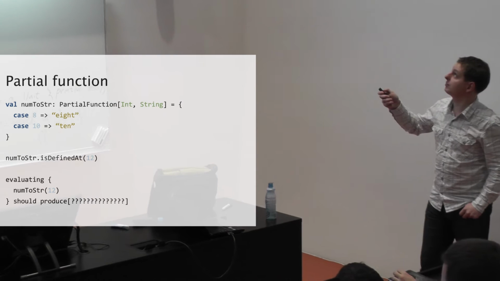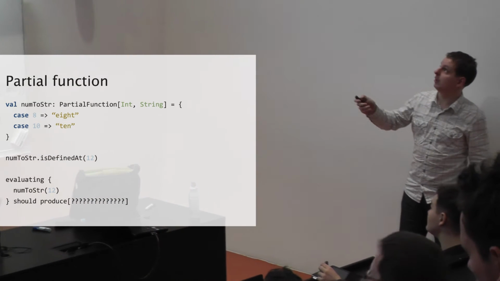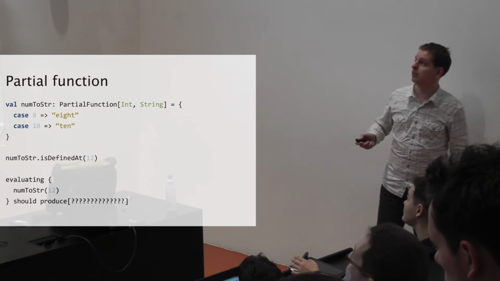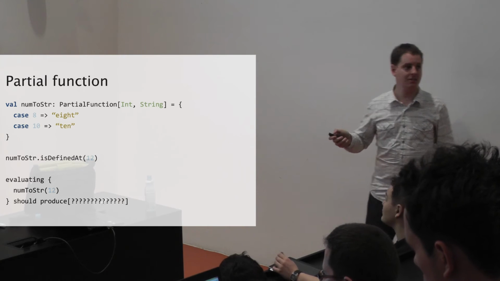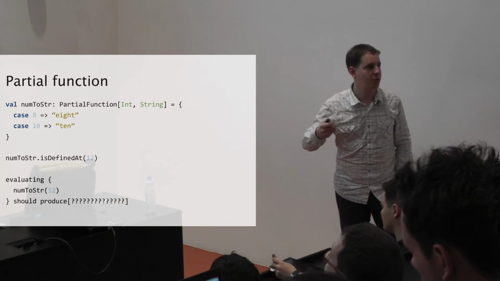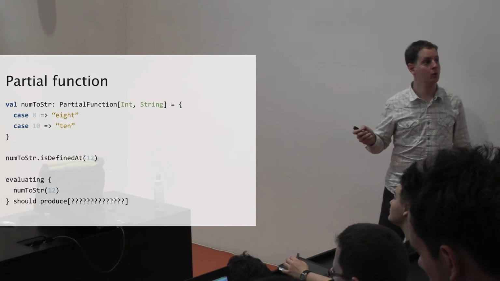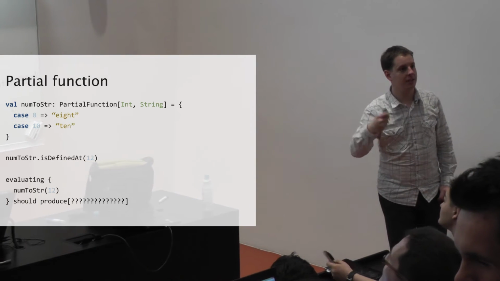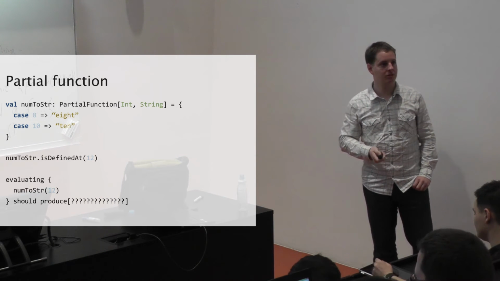Because this kind of syntax is compiled into an instance of a partial function with two methods. isDefinedAt, which has a match expression inside with these branches, and each of them returns true. And the default branch, which is therefore false.